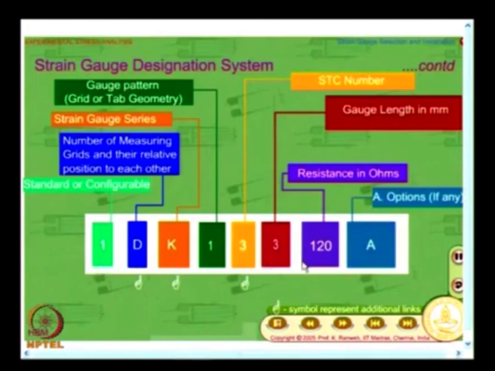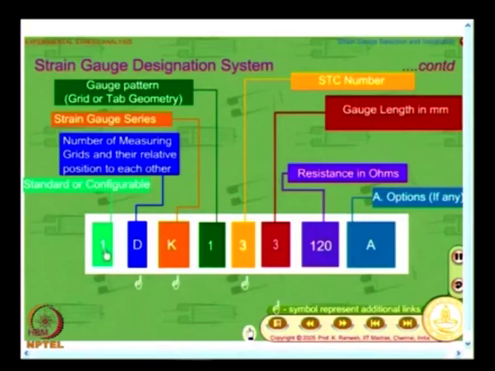Obviously, the order is different here. He has first code as standard or configurable, and the second one is number of measuring grids and the relative positions to each other. Then he classifies this as strain gauge series. Then you have a gauge pattern. I wanted to make a note of this.